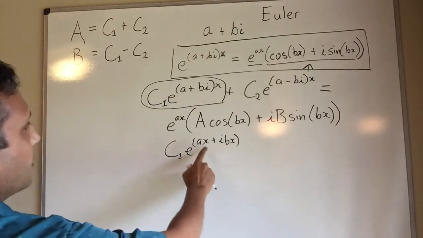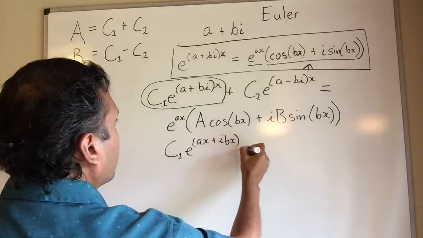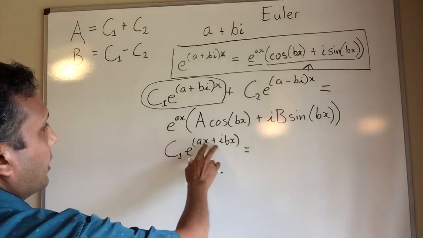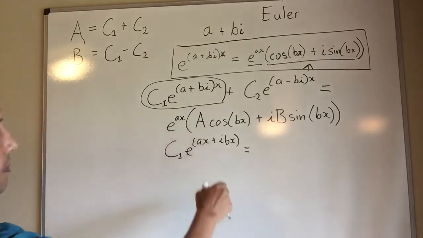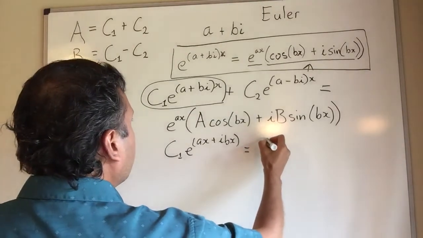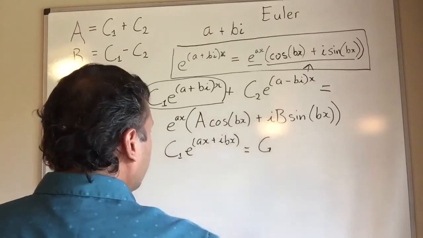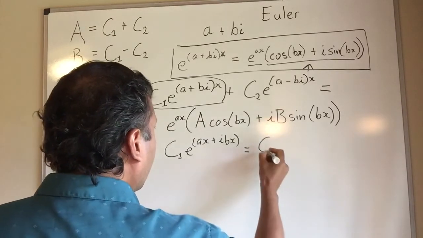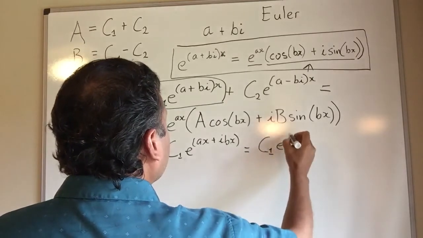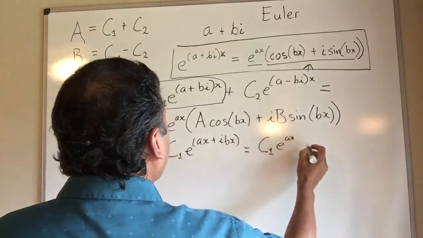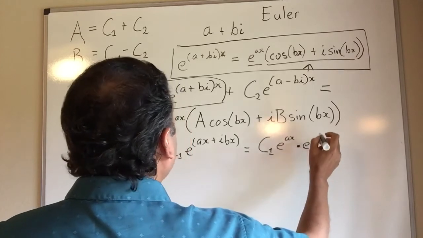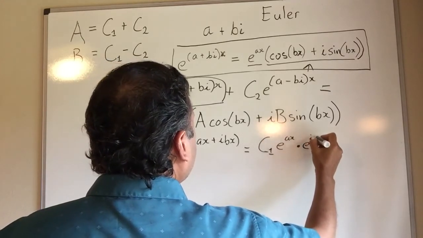Okay, so now I have this. Then, using the rules of exponents, with an exponent that has addition or subtraction, it's now going to become C1 multiplied by e to ax times e to ibx.